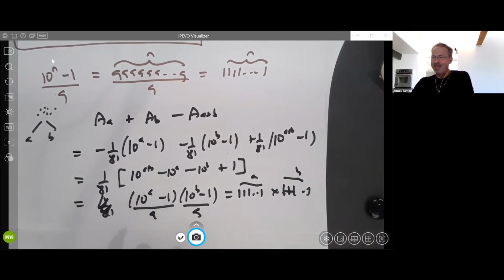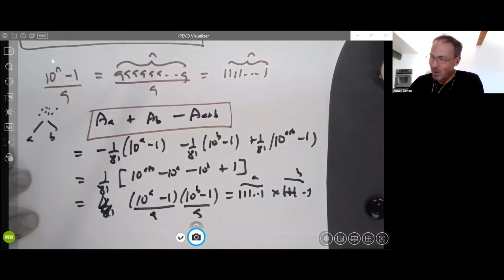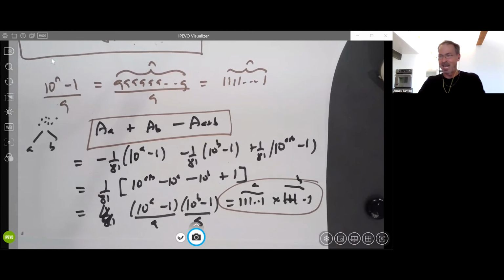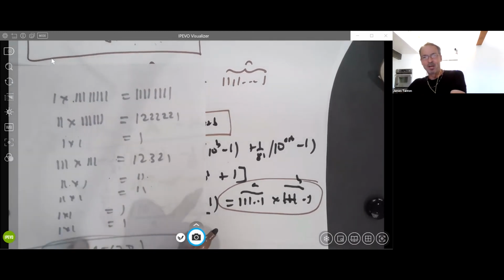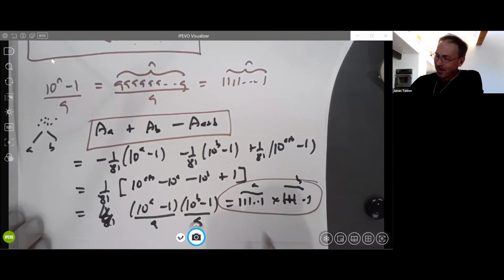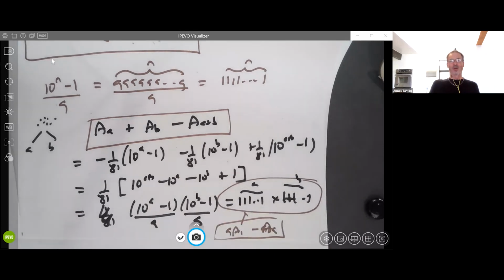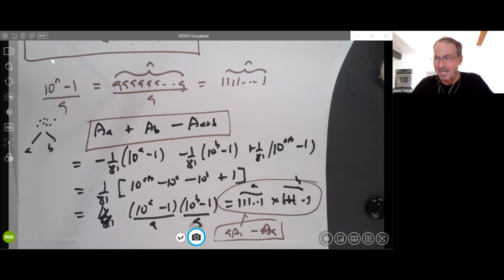So as I play the game, whenever I write this on the side of the page, I'm really writing a product of ones on the side of the page. And we know that when you add this up, the sum has to be 9 times A1 minus 9 minus A9, no matter what. If you check that out, that turns out to be the number 1, 2, 3, 4, 5, 6, 7, 8.